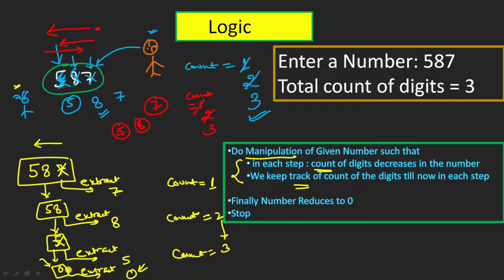If this number is actually 0, then there is no need to apply the extract operation, so you can skip it and simply say your number has become 0. That means there are no digits present in my number now, so you can stop. Finally, when your number reduces to 0, you can stop and print that the total digits are 3. Okay, so let's understand the code for this.